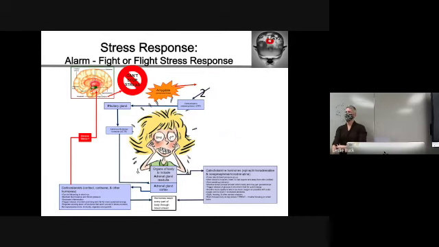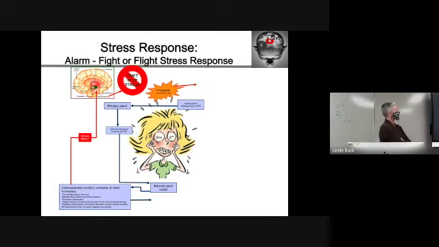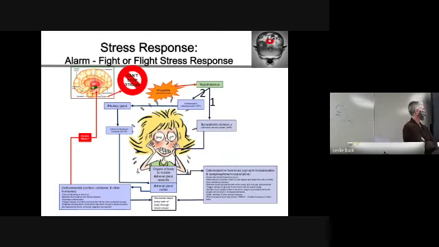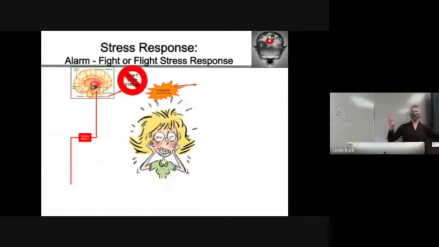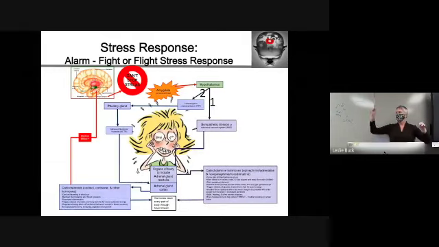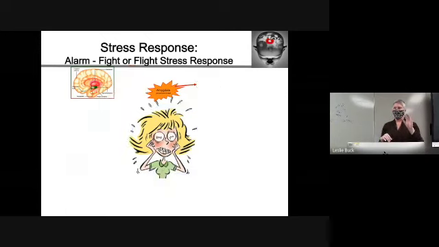So you guys should remember this from before the last test. When we were talking about the stress response, what happens when you have chronic stress is your amygdala is continually perceiving threats. Tiger, tiger, tiger, all the time. Paper due, bill due, Dad's mad at me.